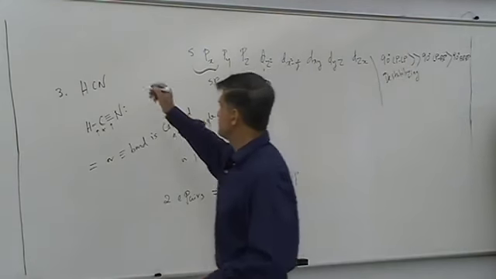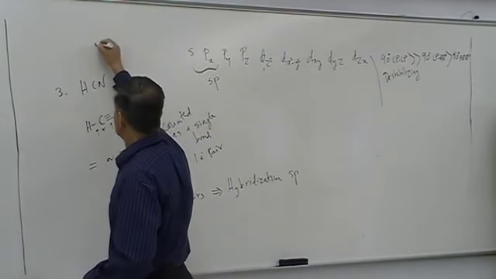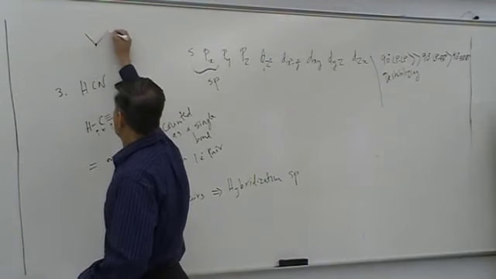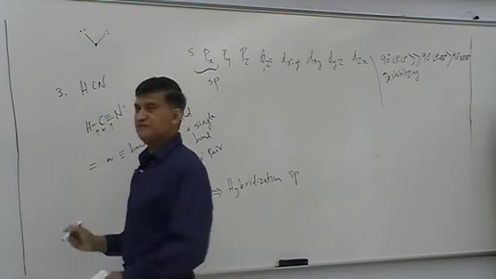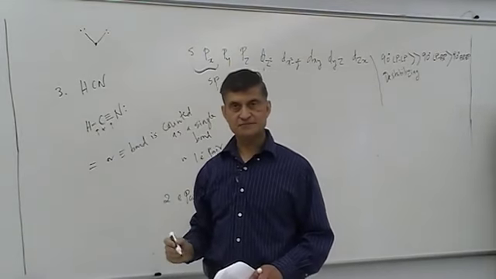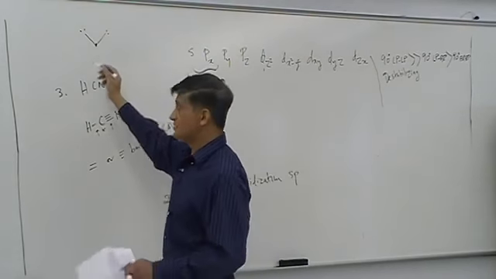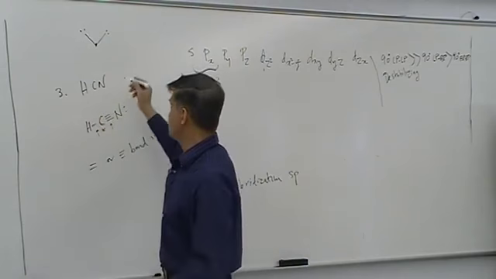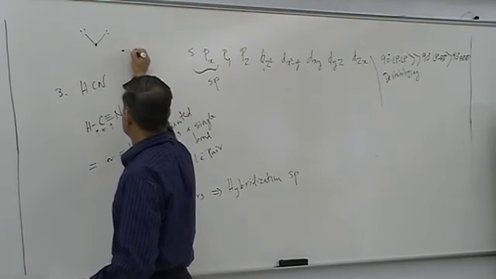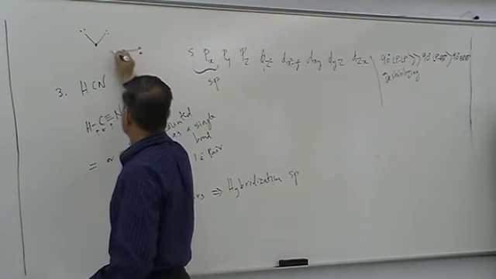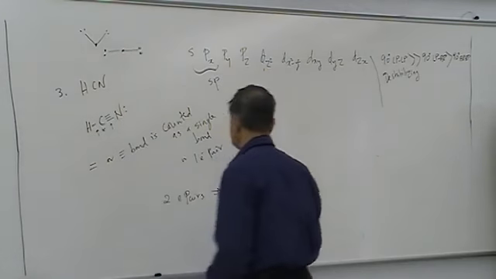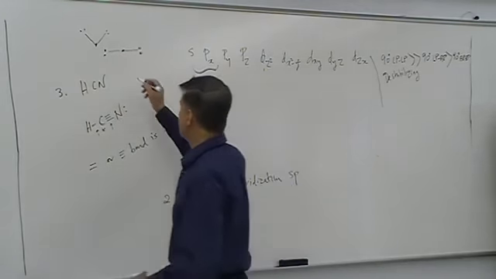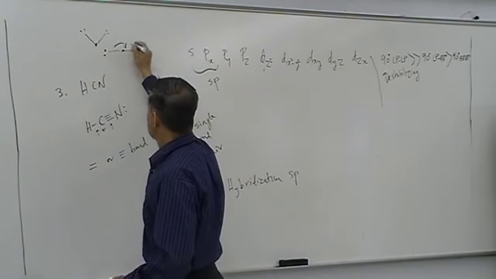Let's assume that I have a central atom with two pairs of electrons. This is the central atom, and two pairs of electrons are like this. Knowing the fact that electrons repel each other, this is not going to be most stable, because they'll be farthest away from each other to be most stable. So this is going to be the most stable electron domain geometry, and that's a 180-degree angle, and this is going to be linear.